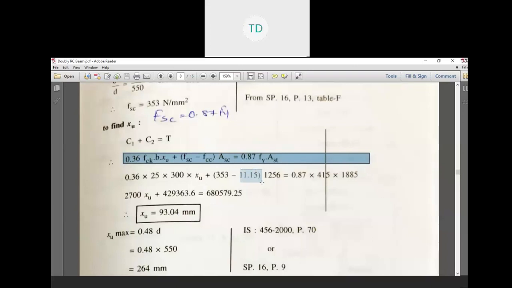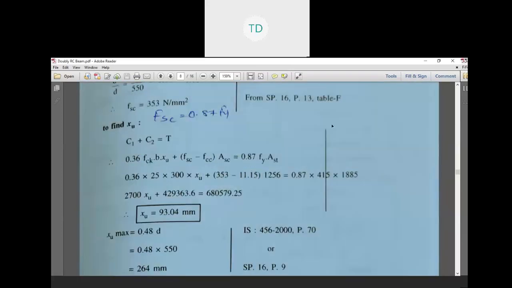The value of fcc is very low, that's why it is said to be a negligible value. To solve it, we get xu is equal to 93.04 mm.